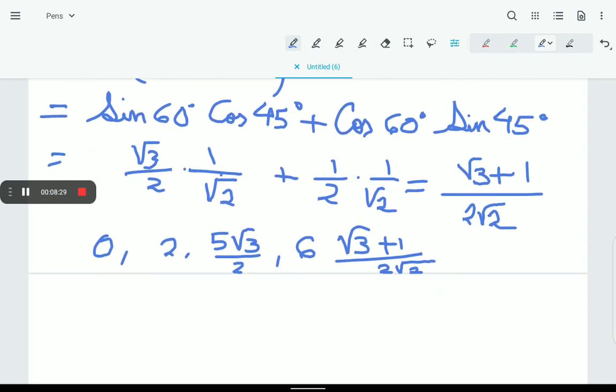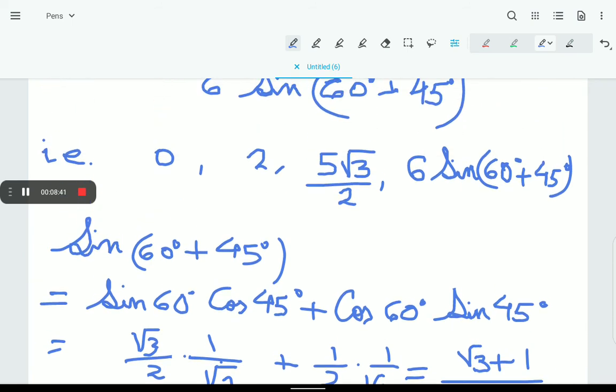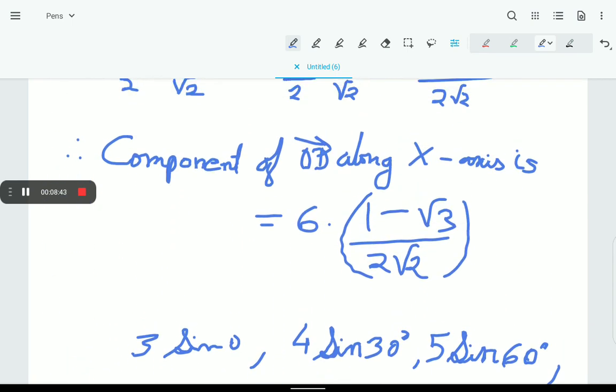Okay. Therefore, now let's compute sum of the components. Let X equal to sum of x components. So what are the x components that we have computed?